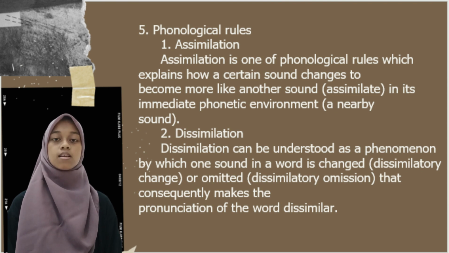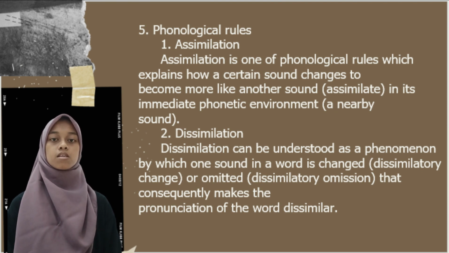Number 2. Dissimilation. Dissimilation can be understood as a phenomenon by which one sound in a word is changed, or dissimilatory change, or omitted, or dissimilatory omission, that consequently makes the pronunciation of the word dissimilar.